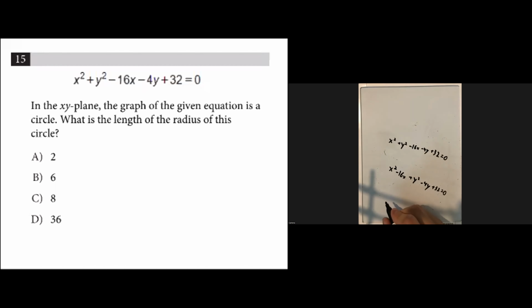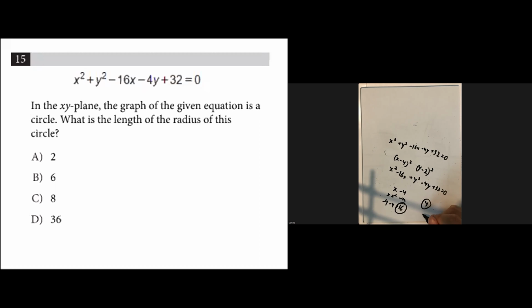So for this, we'd just do x minus 4 times x minus 4, which gets us x squared, negative 4x, and we get 16. So we do x minus 4 squared, and we're left with 16 extra. So we need to keep that in mind. And then we do the same thing for the y, and we would end up getting y minus 2 squared. And for that one, we would have a remainder of 4.